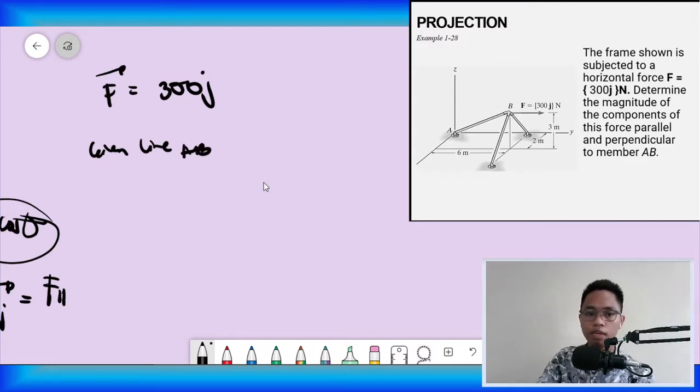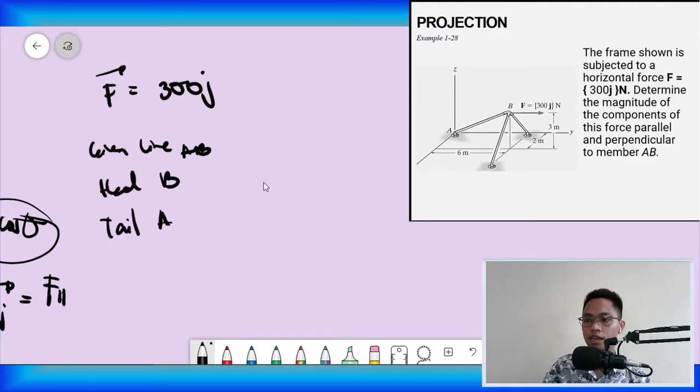If you notice, the arrow points away, so if you imagine it, it goes from A toward B. Therefore, automatically, the head is B and the tail is A. I hope you can imagine that the head is B and the tail is A. F is directed toward here, going from A toward B, but it is only vertical.